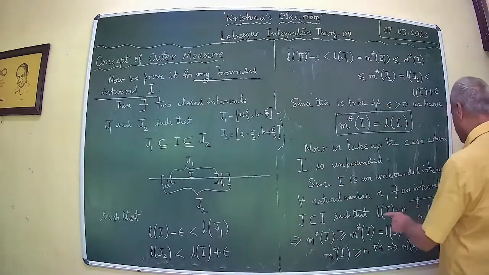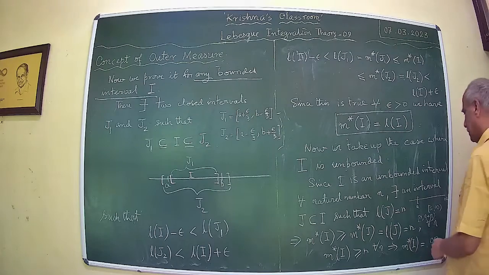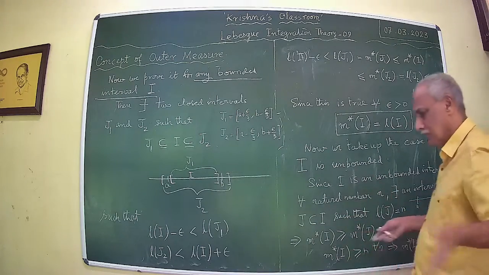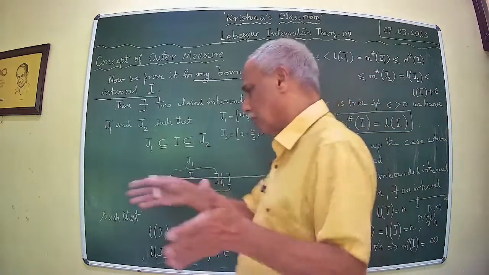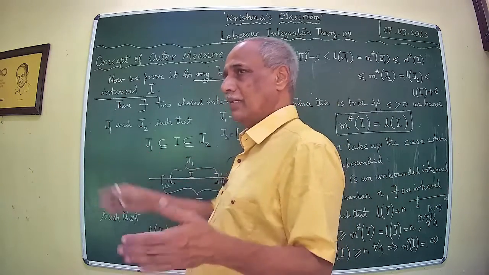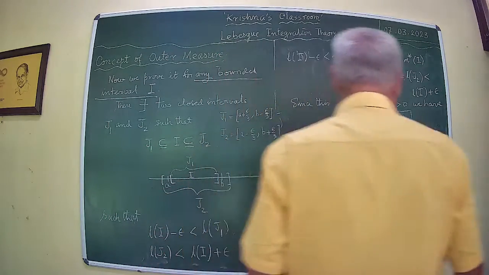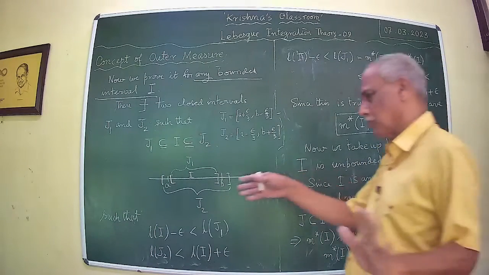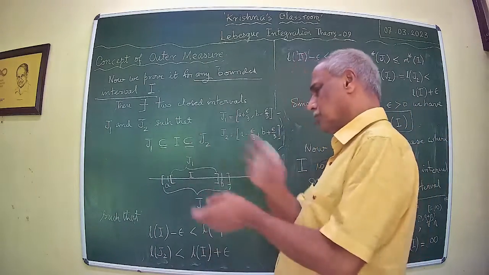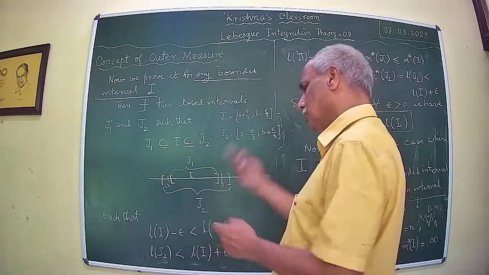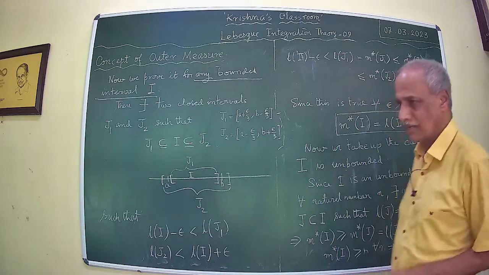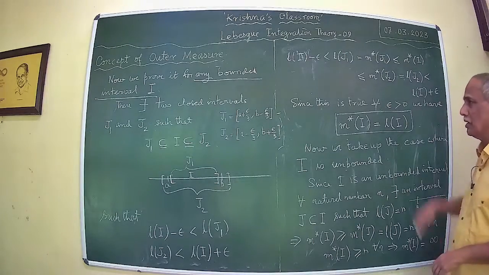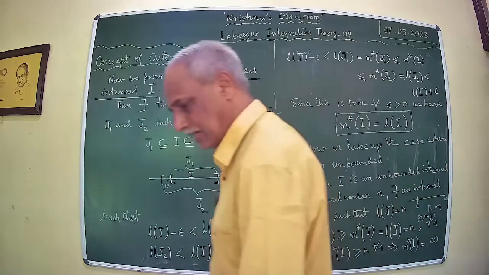Similarly, if it is from minus infinity to plus infinity, you can choose the interval 0 to n as J. If it is from minus infinity to b, then you can choose from b minus n to b as the interval J, and in all those cases this inequality is valid.